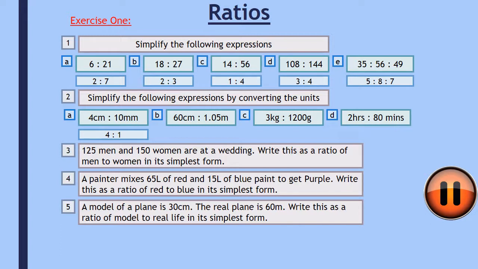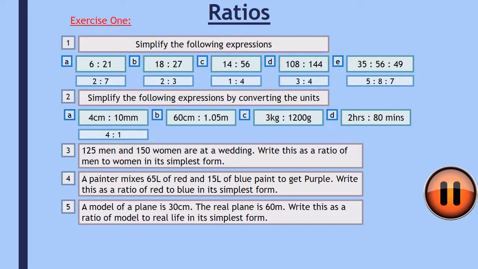B, 60 centimeters to 1 meter, 5 centimeters. Well, we know that 1.05 meters is the same as 105 centimeters because we just multiply that by 100. So 105 centimeters is what our new number is. So 60 to 105. How might we divide that?